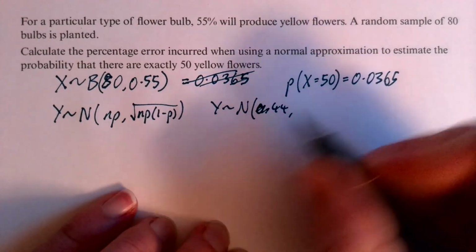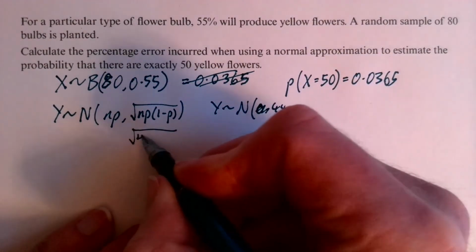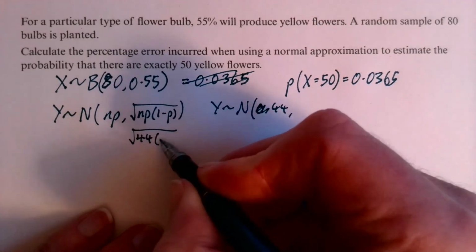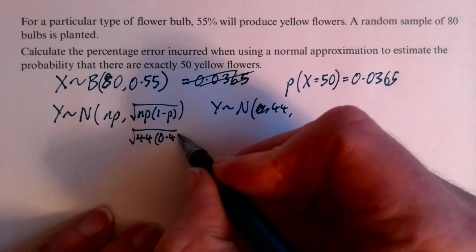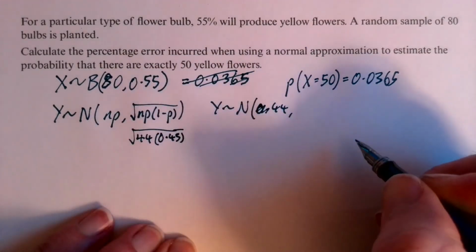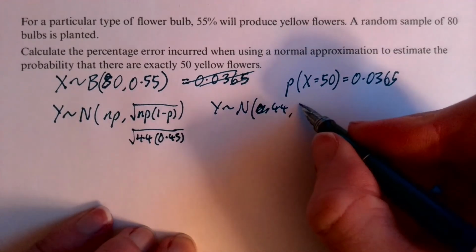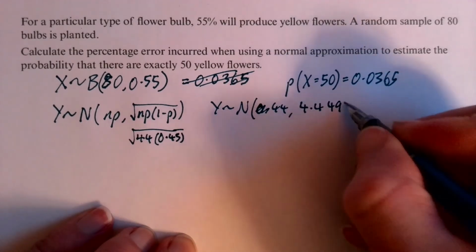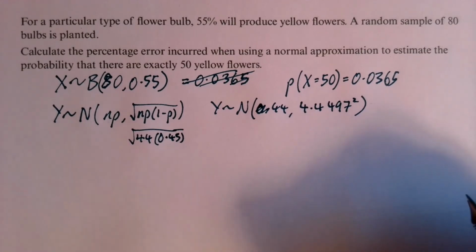And then I do the square root of 44 times 1 minus 0.55, which is 0.45. If I do that, then I get 4.4497. That'll be squared, won't it?